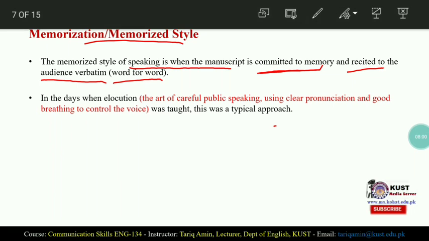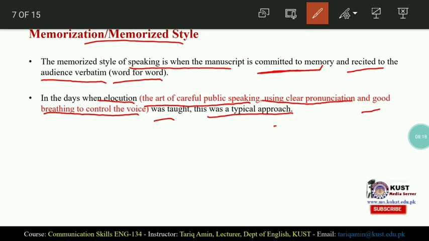And the days when elocution was taught. What is elocution? Let's discuss it. It is the art of careful public speaking using clear pronunciation and good breathing to control the voice. In the days when elocution was taught, this was a typical approach.